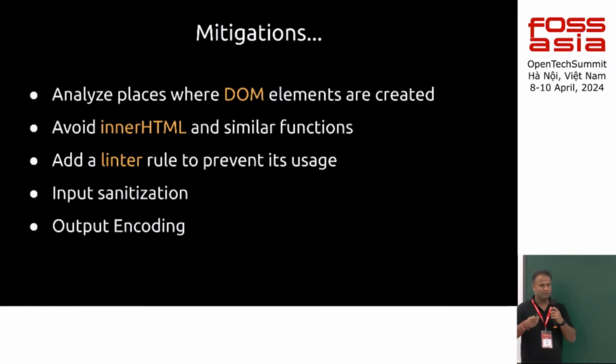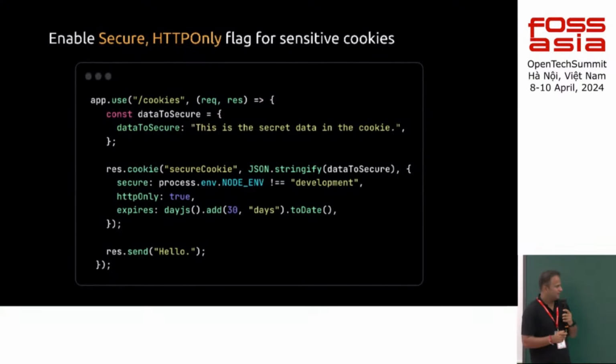I'm going to talk about that in later slides. One way is to add a linter rule, like ESLint, to make sure these functions are not used by you or any other developer on the project. And there's a famous saying: sanitize your input, encode your output, which will solve the issue for you. But it's hard, not that simple.